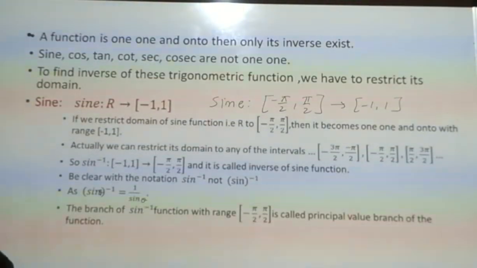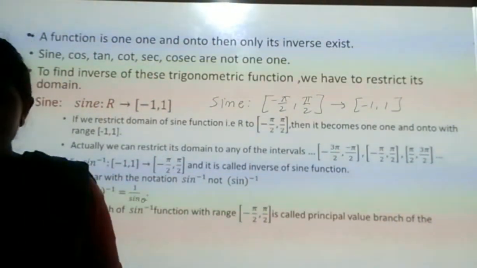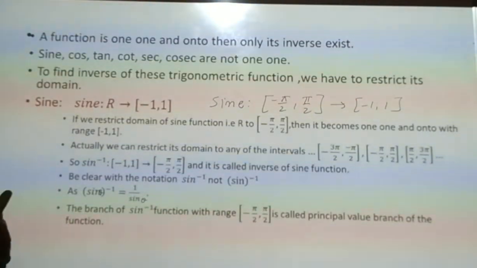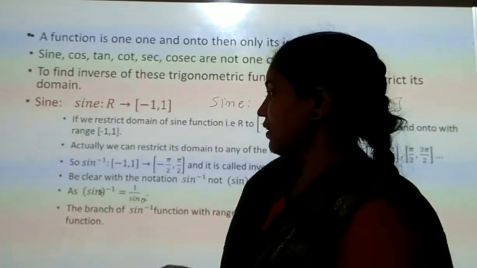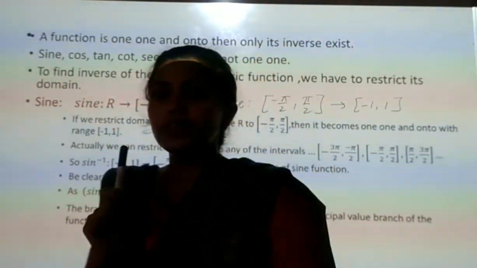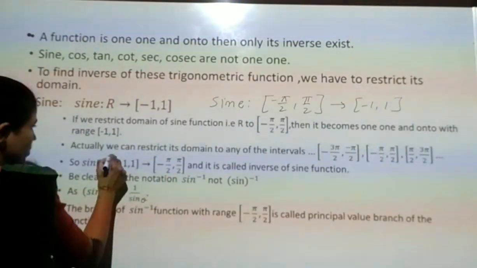Now the concept from the inverse trigonometric function is the definition, domain, range, and the principal value branch of this trigonometric function. So what is the domain of the sine inverse function?